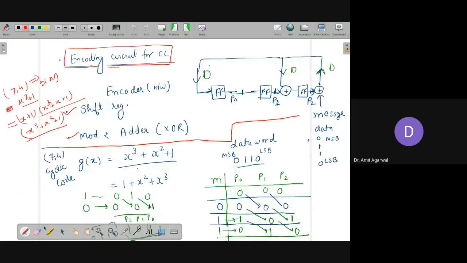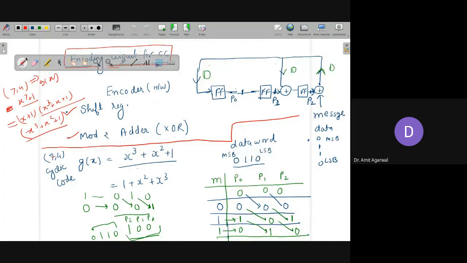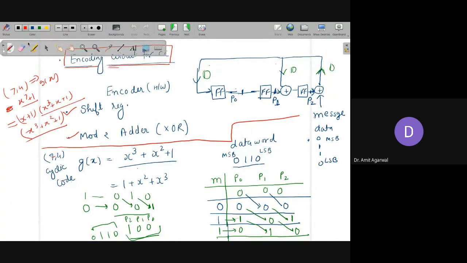So how would you design the hardware circuitry for such a scenario? Just write your generator polynomial in the reverse order: 1 plus x square plus x cube.